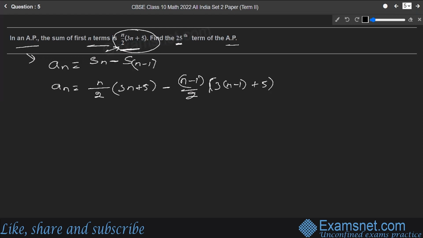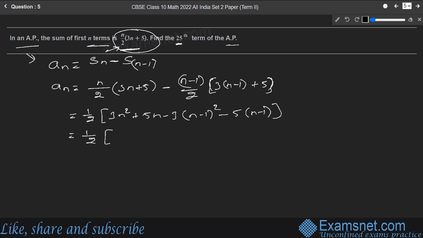So this is the ultimate expression of the nth term. If we expand this further, what are we going to get? 1 by 2 [3n square plus 5n minus 3 times (n minus 1) whole square minus 5(n minus 1)]. If we expand further, this finally comes out to be 1 by 2 [3n square minus 3n square minus 3 plus 6n plus 5].